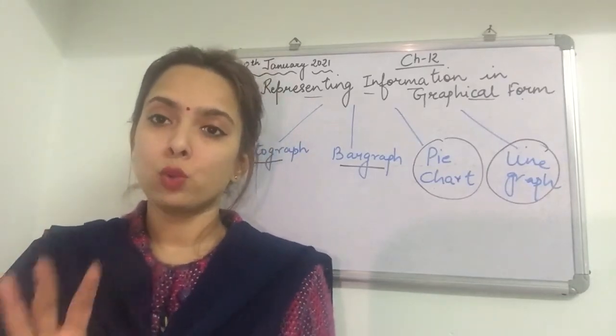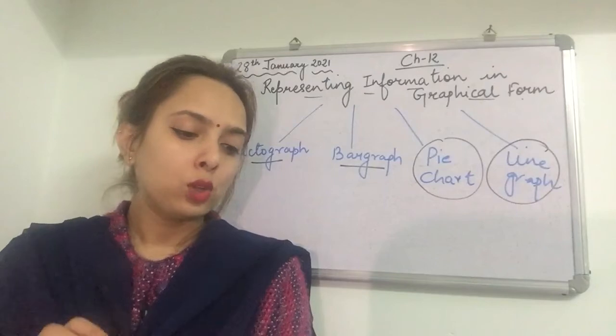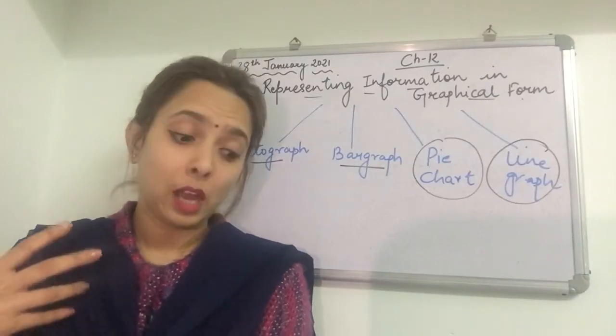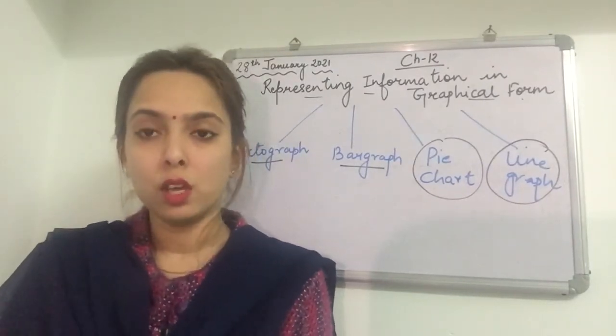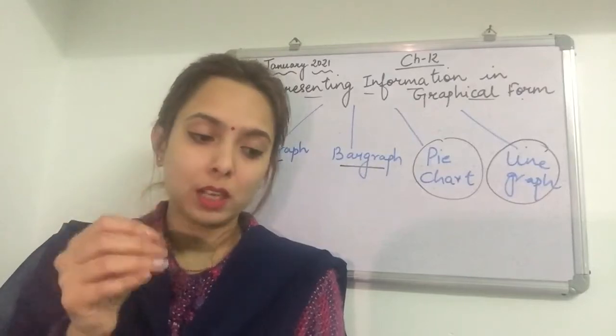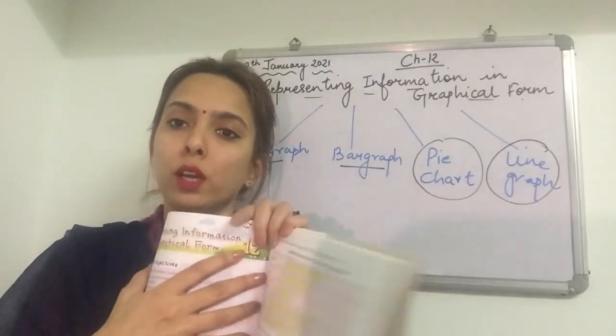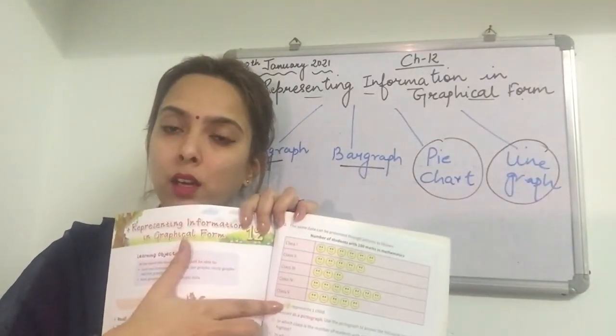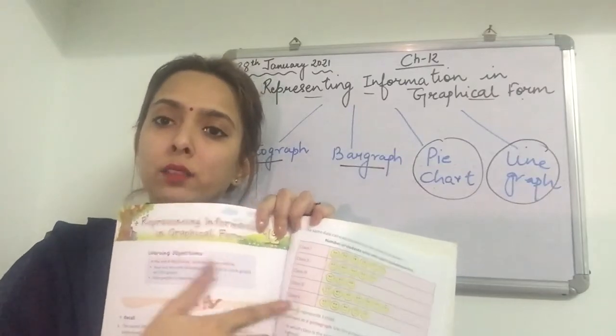There are 6 students in class 1 who have got 100 marks in maths. So class 1, class 2, class 3, class 4, in this way you have to make a column, and then from the question we will count the number of students who have got 100 marks in mathematics.